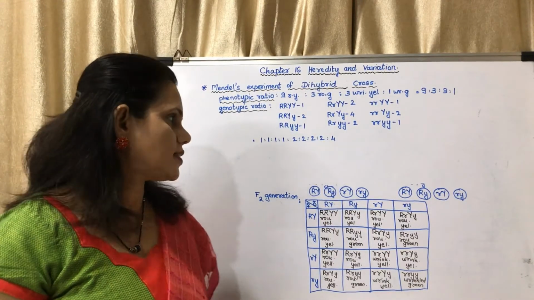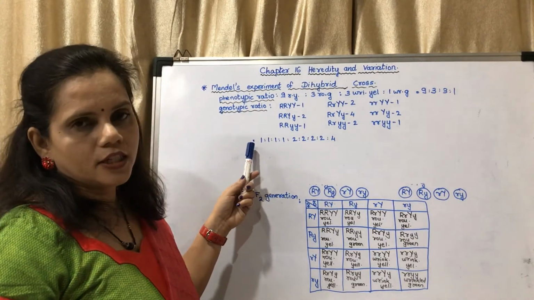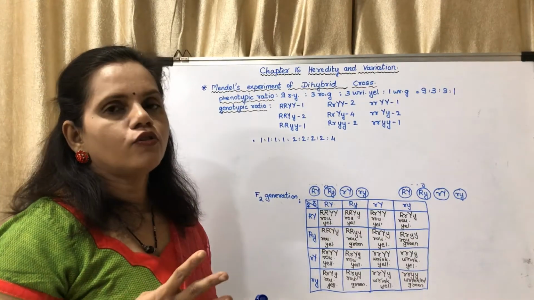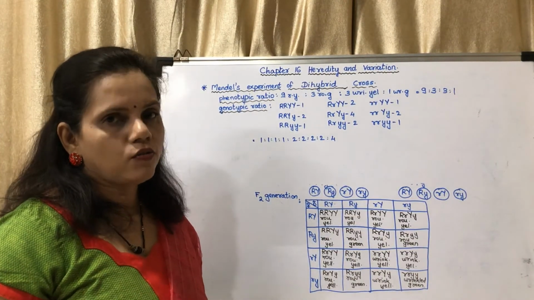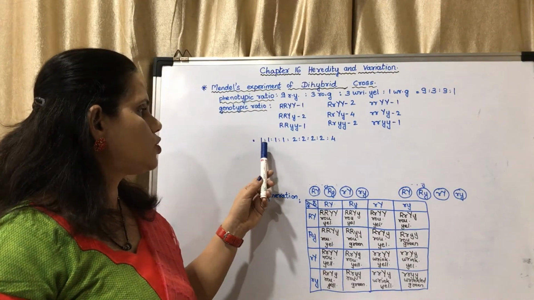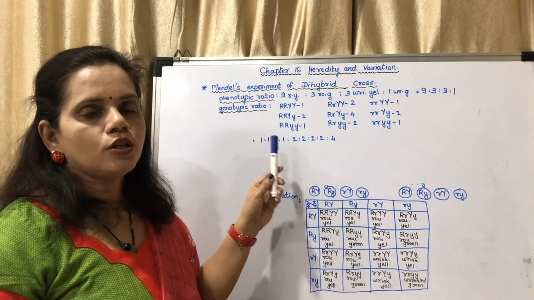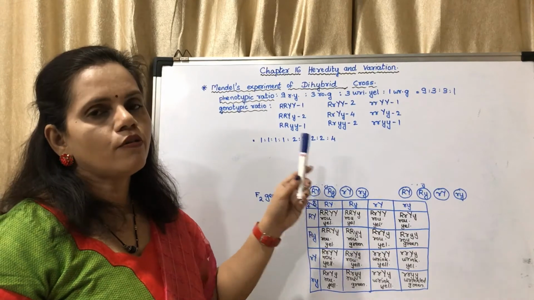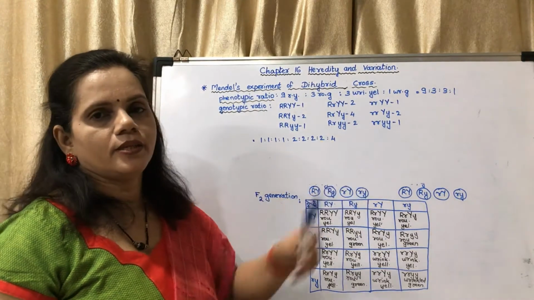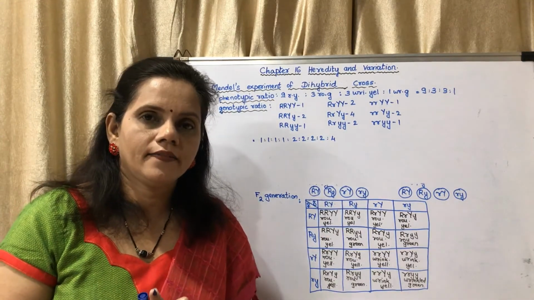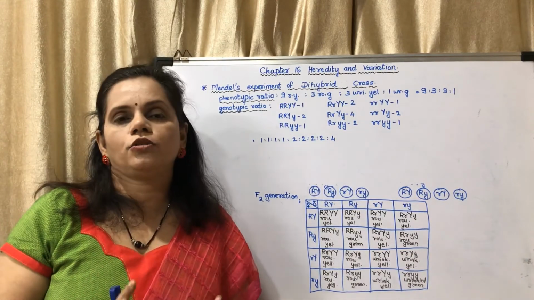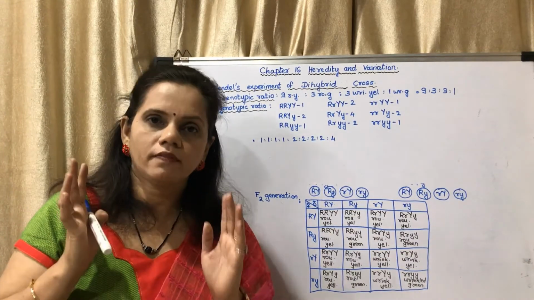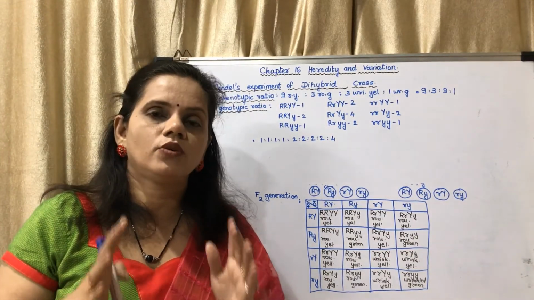I will give you the answers. So the genotypic ratio, there are 4 1s, 4 2s, and 1 4. So the ratio could be 1:1:1:1:2:2:2:2:4. There is no particular sequence of this, so you can write it anyway, but in the ratio there should be 4 1s, 4 2s, and 1 4. This is for this year.